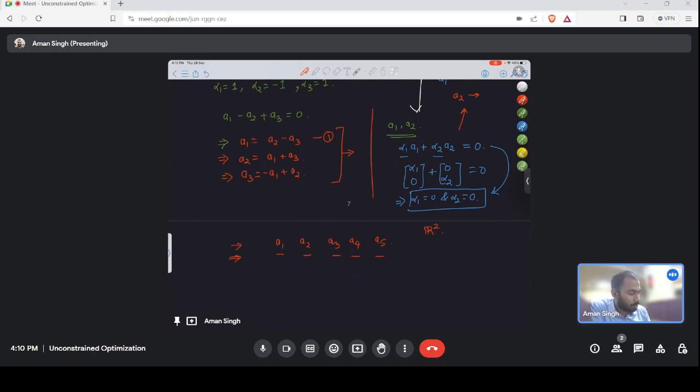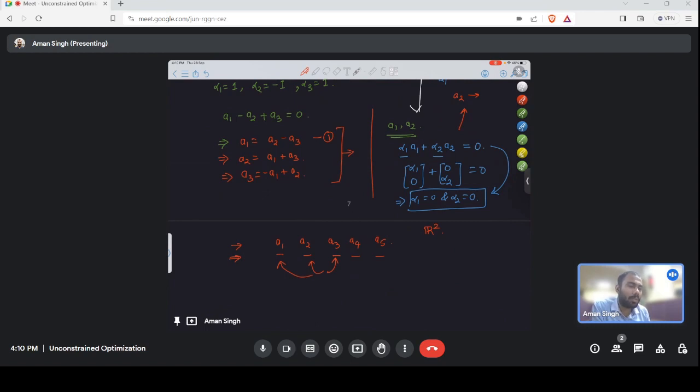Why so? Let's say they are not independent, that is, they are linearly dependent. Then A3 can be written as a linear combination of the others. So if they are dependent, all the extra vectors can be written as a linear combination of the linearly independent vectors.